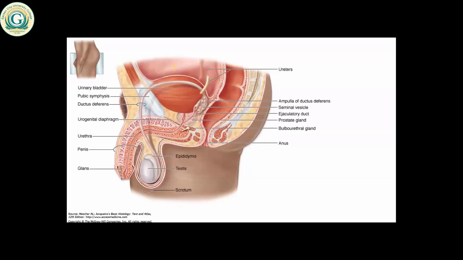Let me tell you. It's a place where semen gets separated from urine during sexual intercourse. Oh, the seminal vesicle is this one. Okay, my dear, I'm talking about this small urethra here.